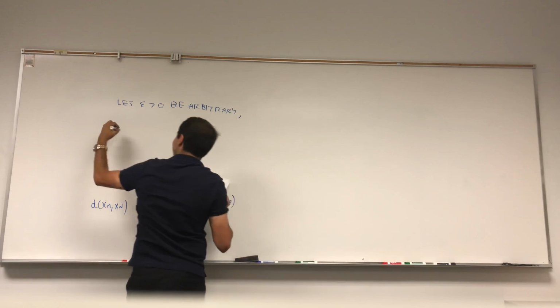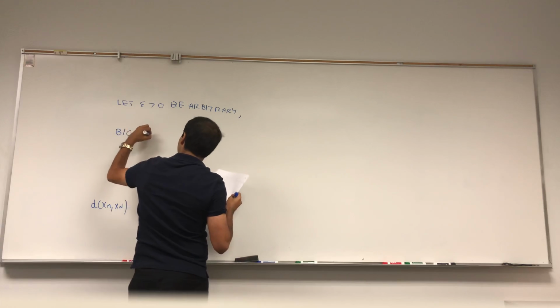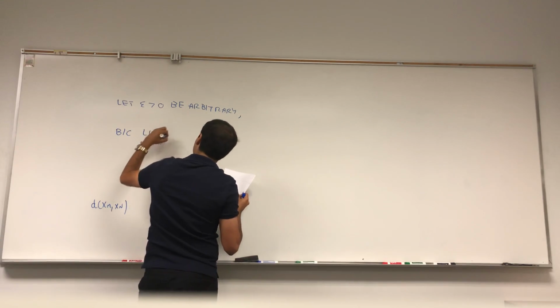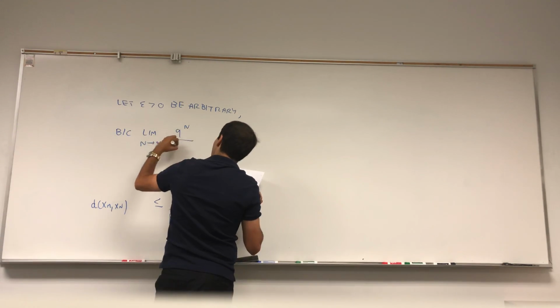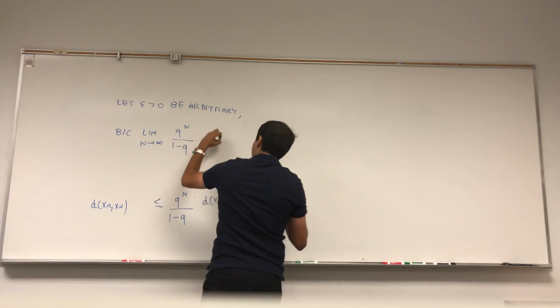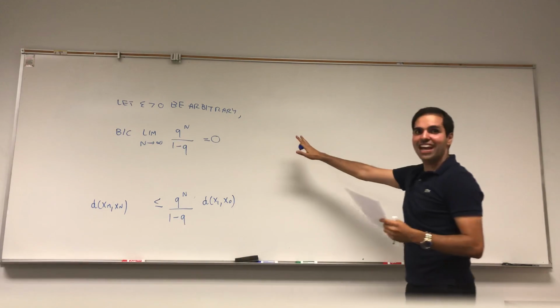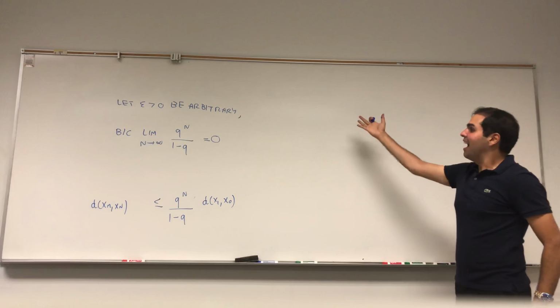Let's take it as a given that the limit as n goes to infinity of q^n over 1 minus q equals 0. Again, a standard calculus fact.